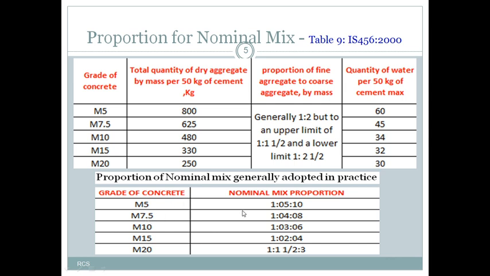Similarly for M7.5, it is 1:4:8, M10 1:3:6, and M15 it is 1:2:4. And finally for M20 grade of concrete, we can use the nominal mix proportion 1:1.5:3. I am again repeating that here 1 means 1 proportion of cement, 1.5 means proportion of fine aggregate, and 3 means proportion of coarse aggregate.